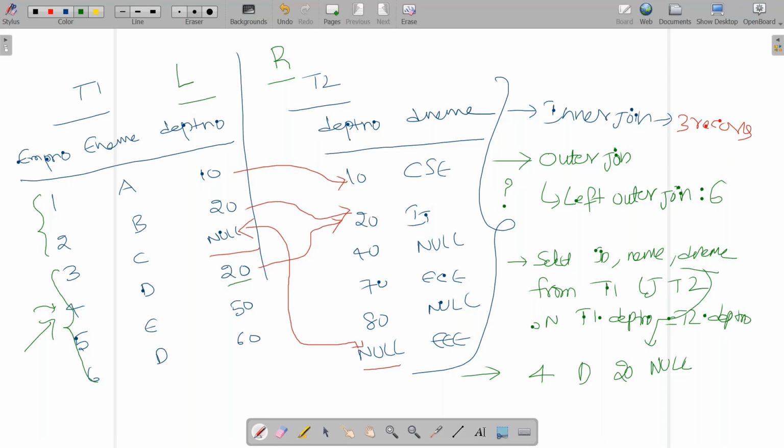How many non-matching from the right table? 4 records are non-matching. Total how much? 3 matching, 3 non-matching from the left table, 4 non-matching from the right table. Total how many? 7 plus 3, 10 records we are going to get in the output. Yes or no? Clear?